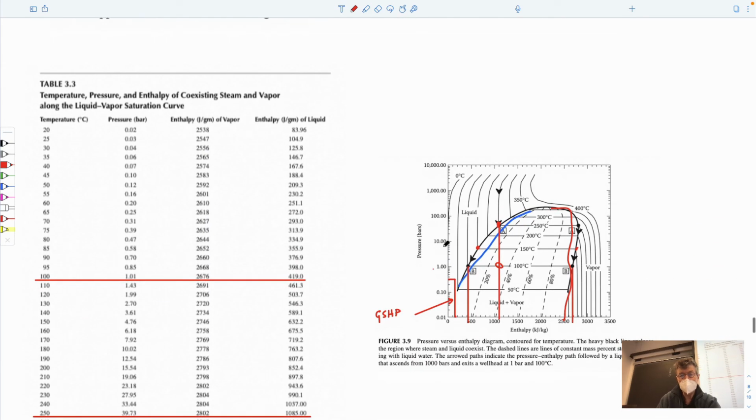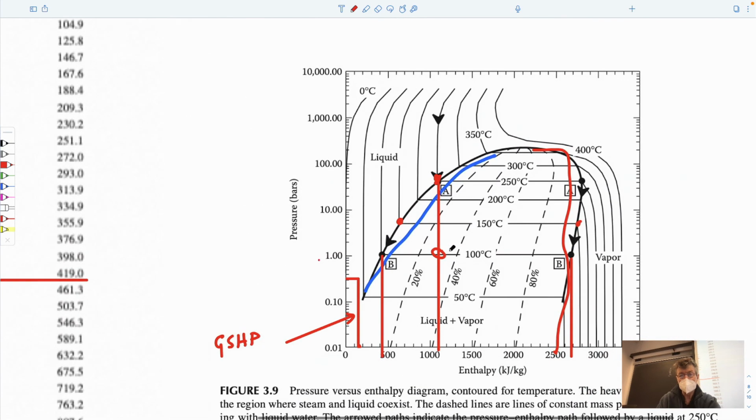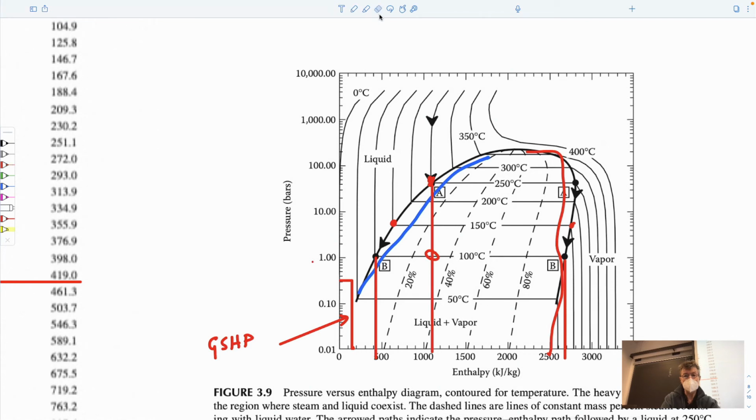If you look at this diagram here, I'm going to remove these other parts because it just complicates it. Means that as you come down at 40 bars, so 10, 20, 30, 40, then you're right on this boundary.